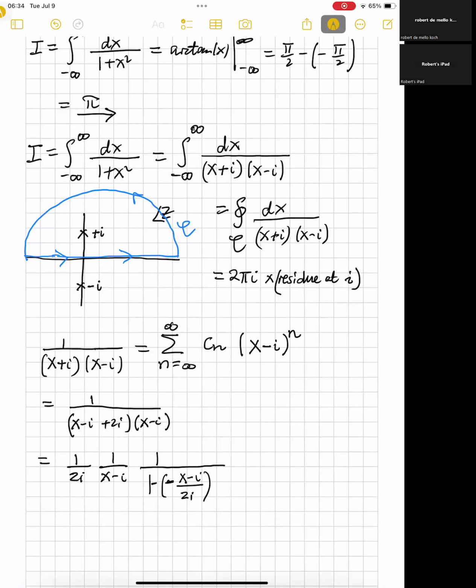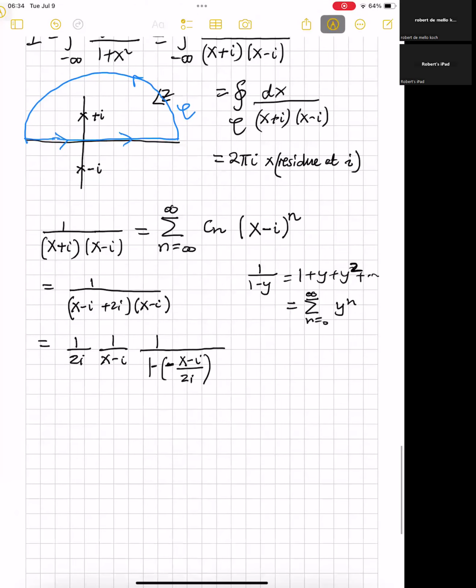And the reason why I want to write it like this is that I know that 1 over 1 minus y is 1 plus y plus y squared, and so it continues. This is probably the first infinite series that you ever summed. So this is the sum from n equals 0 to infinity of y to the n.